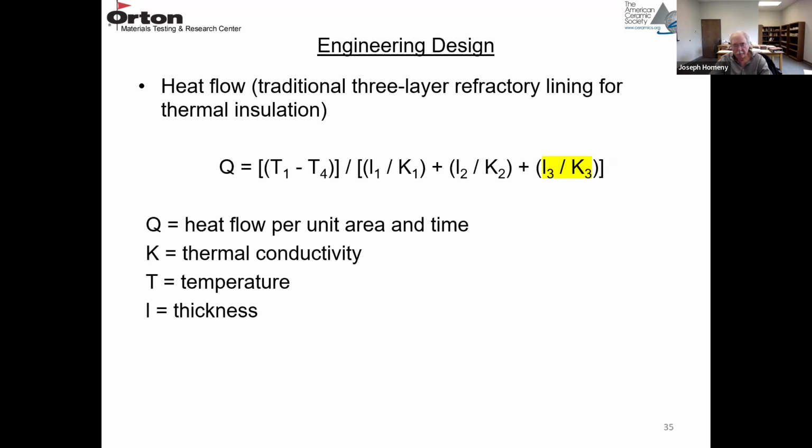So for L3, the thickness of the insulation, the thicker the insulation, the higher this L3 number, that decreases the heat flow. Also, if you pick a low conductivity material, lower the value of K3, that also lowers the heat flow Q.